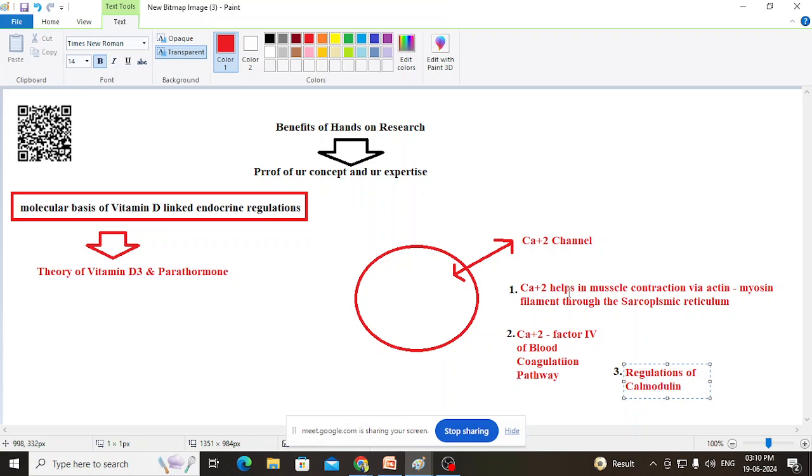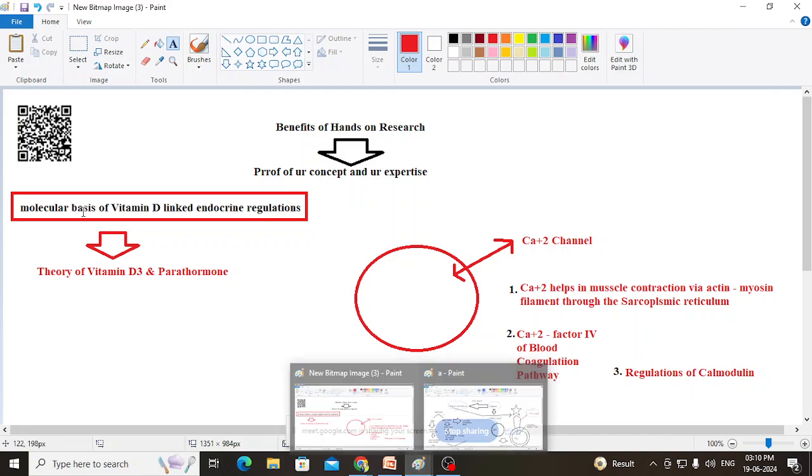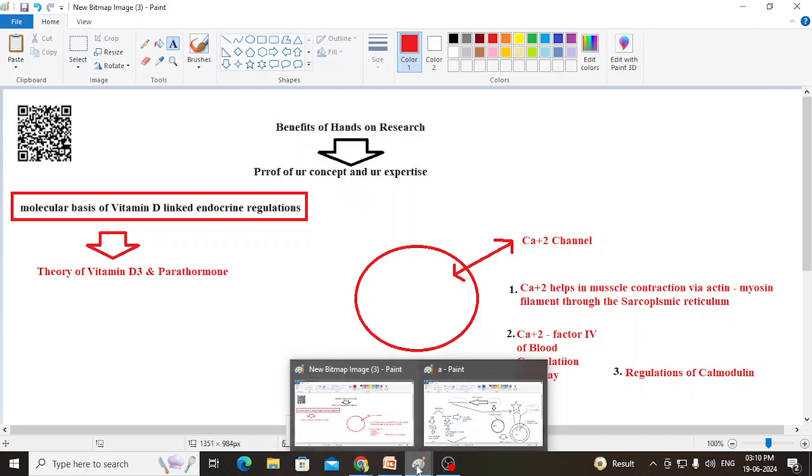These are a group of proteins which are responsive to calcium concentration, and they perform multiple different activities. Okay, so these are the different aspects of why we should learn about our topic, the molecular basis of vitamin D linked endocrine regulations. We can change the topic later on.